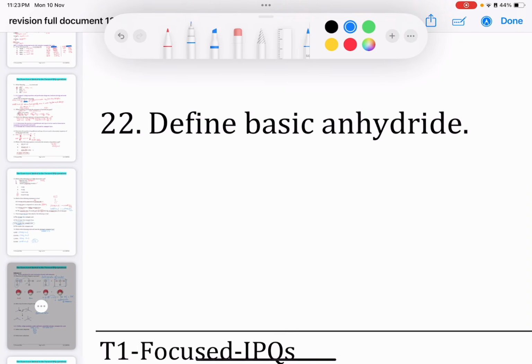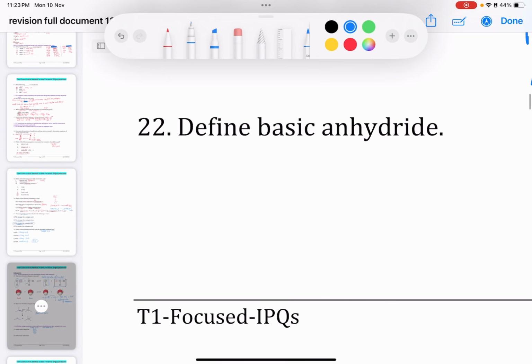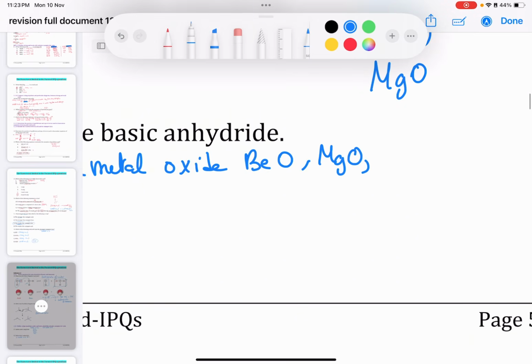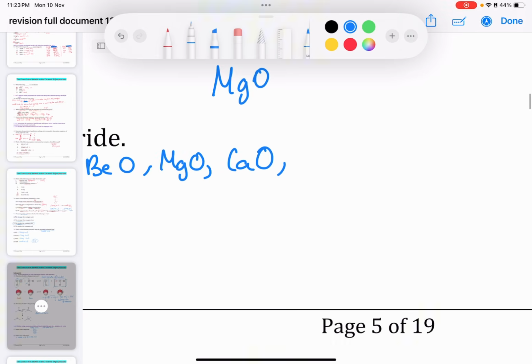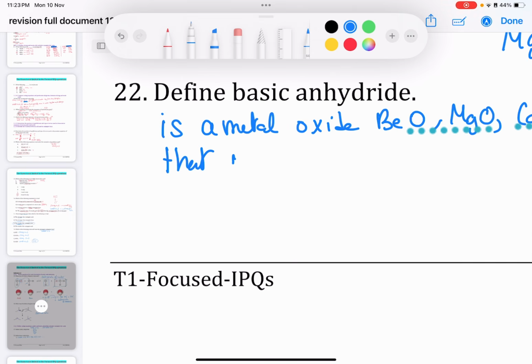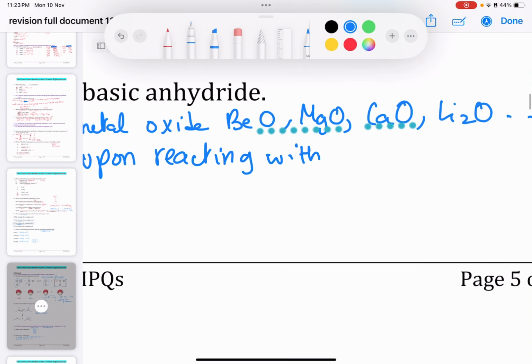So I'm going to write over here, a basic anhydride is a metal oxide, like for example, beryllium oxide, magnesium oxide, calcium oxide, lithium oxide, etc. These metal oxides, upon reacting with water, give a base.